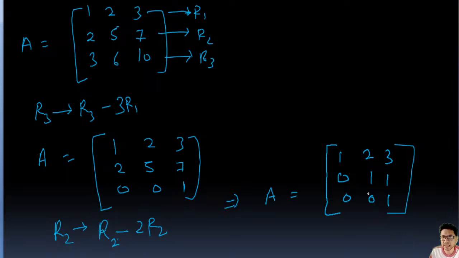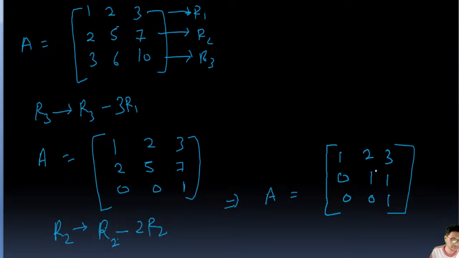You can see that we have made these three elements 0, so it is now an upper triangular matrix. We have converted matrix A into an upper triangular matrix by using operations.